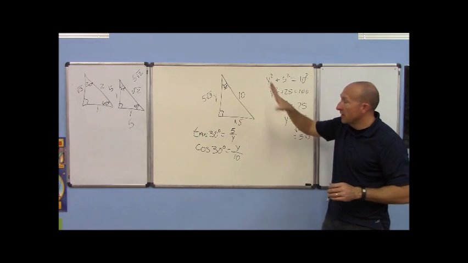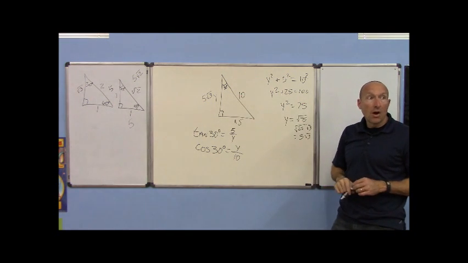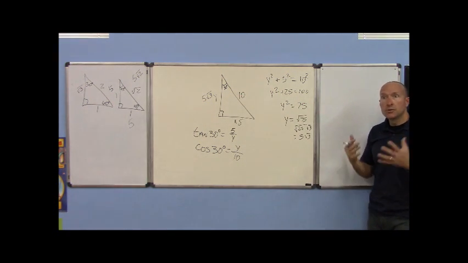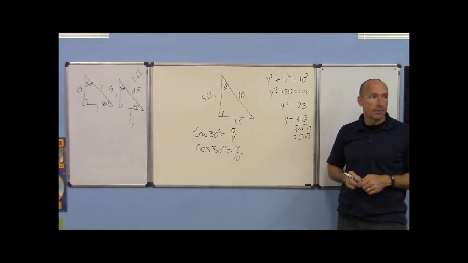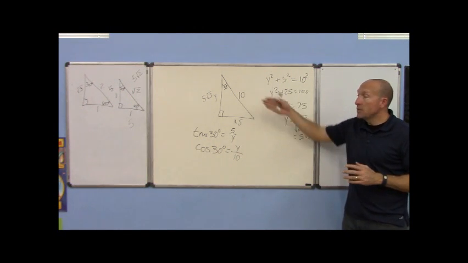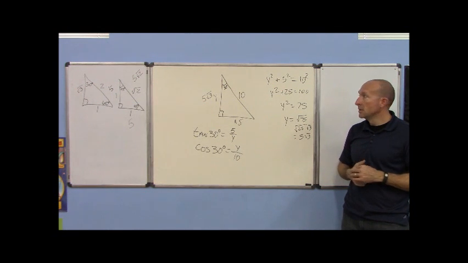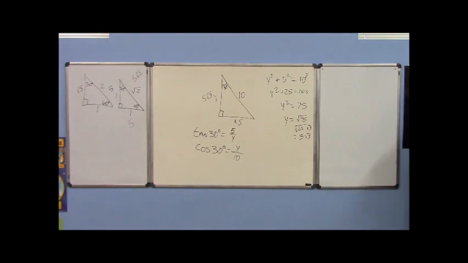Or you may understand ratios really well and be able to do this in your head. All of these are correct. There is no one way that is more correct than another. It's what gets you to the right answer that matters. Do each of these ways make sense on how we're getting there? Awesome. Good job.